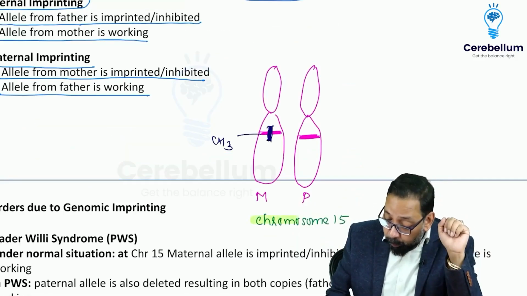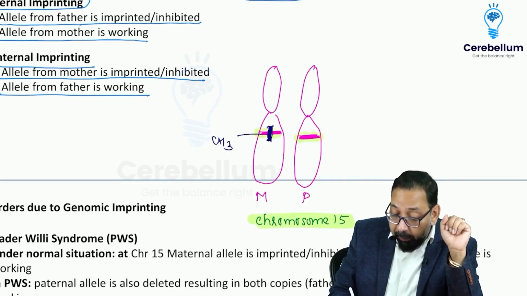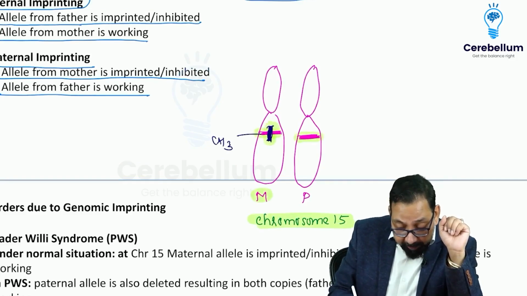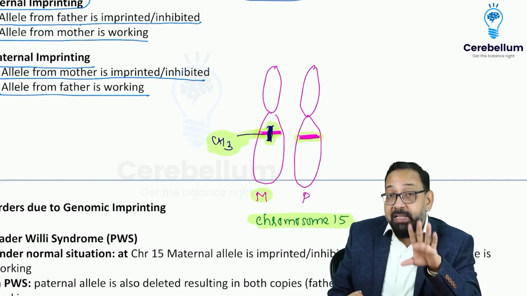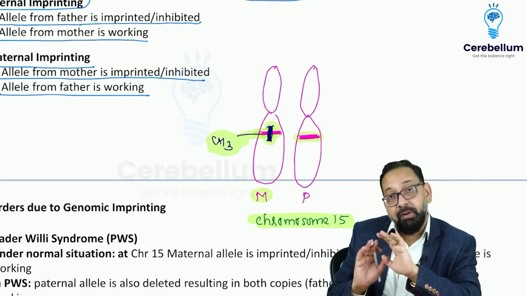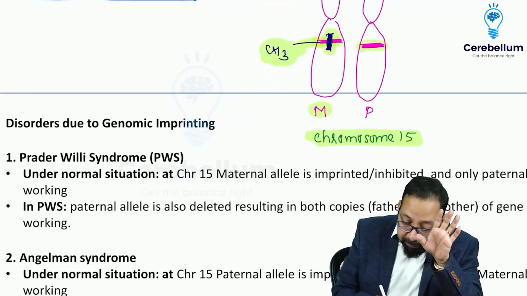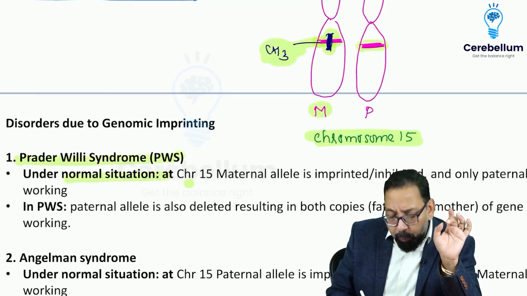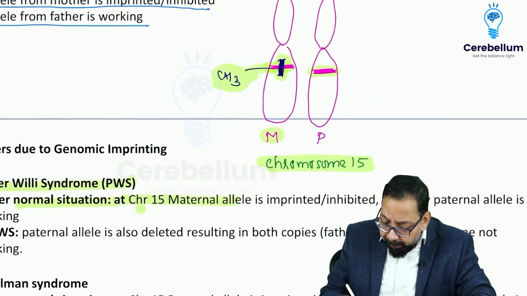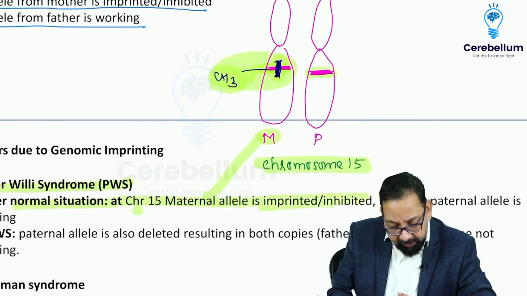I take this chromosome 15. On this chromosome 15, for this gene, two alleles are there. This maternal allele is imprinted by methylation. So this maternal allele is not working and the paternal is working. Father's allele is working. So in Prader-Willi syndrome, before Prader-Willi syndrome, in the normal situation, on chromosome 15, the maternal allele is imprinted, inhibited. I give you an example.